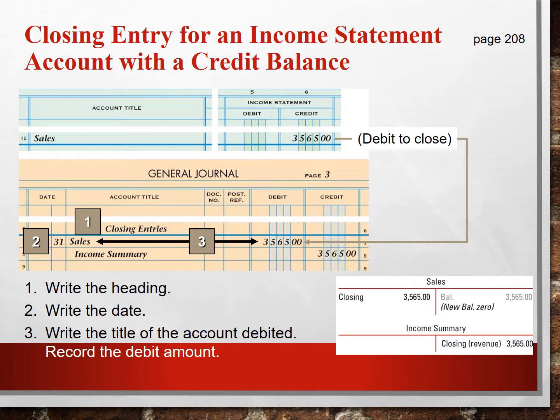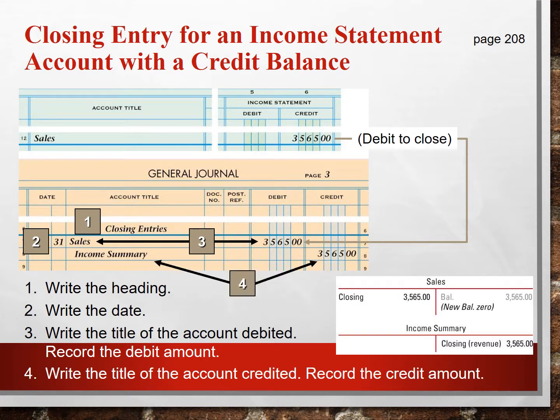This should bring our sales account to a zero balance. If you look at the T account, you're going to see now that it has a zero balance for sales. Then we will record our income summary as a credit for $3,565. So if you look at the T account now, we have closing revenue as a credit, $3,565.